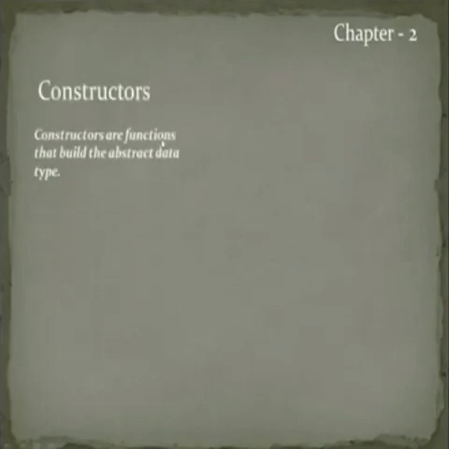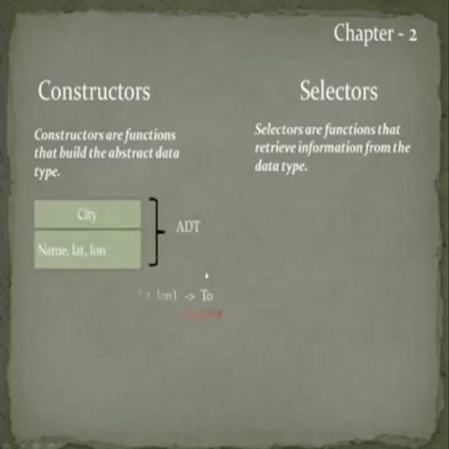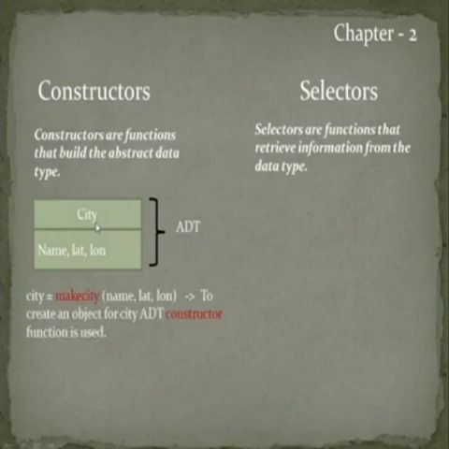Constructors are functions that build the abstract data type. Selectors are functions that retrieve information from the data type. Which data type? Abstract data type. Now, imagine there is a city abstract data type and it has information of name, latitude, longitude.